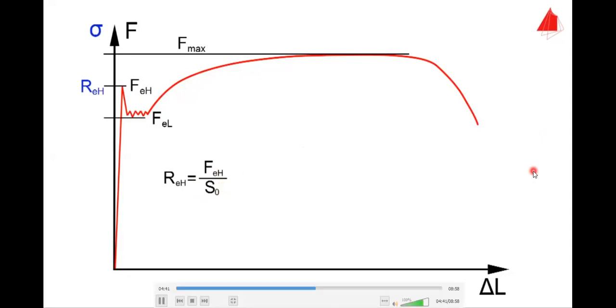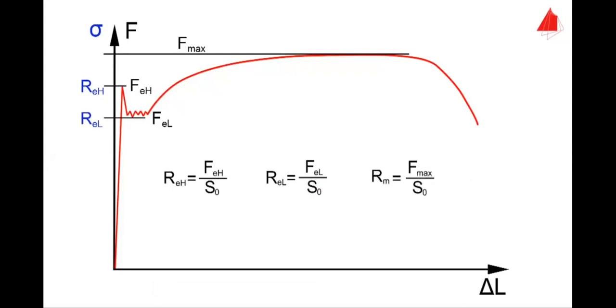The lower yield strength REL is defined in a similar way: lower yield strength is equal to lower yield point divided by original cross-sectional area. The maximum force divided by the original cross-sectional area is called tensile strength. So tensile strength is equal to the maximum load applied divided by the original cross-sectional area, Rm.